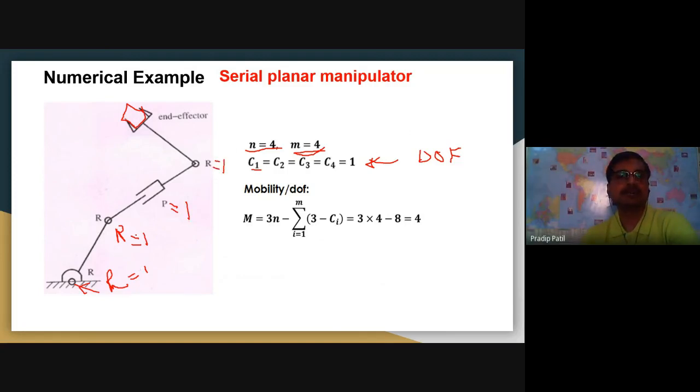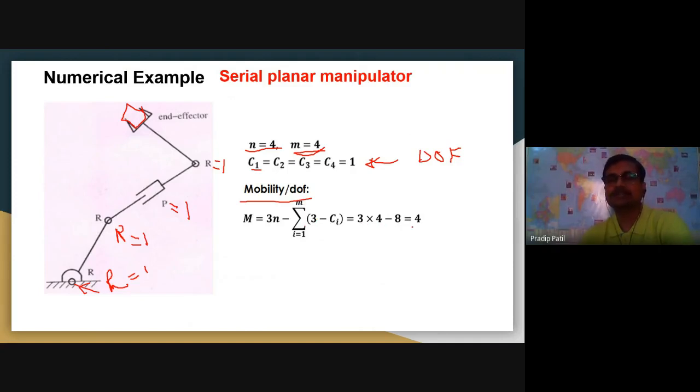So there is 1 degree of freedom for each of the joints present here. Now we find out the mobility, that is m equal to 3n minus the summation over m joints of 3 minus ci. So n is 4 here, 3 into 4, 12, minus 3 minus 1, that is 2, into 4, that is 8.